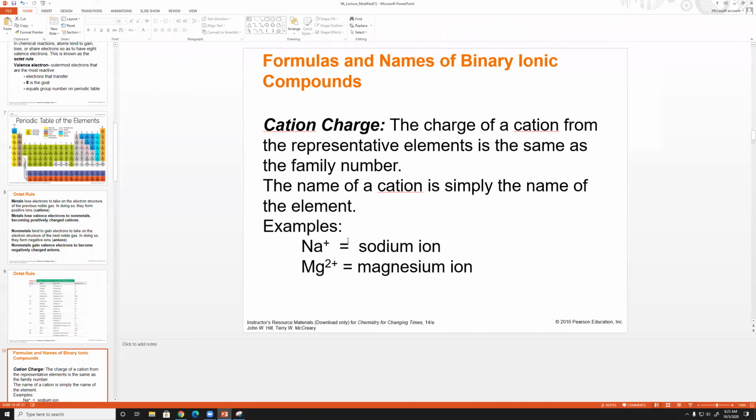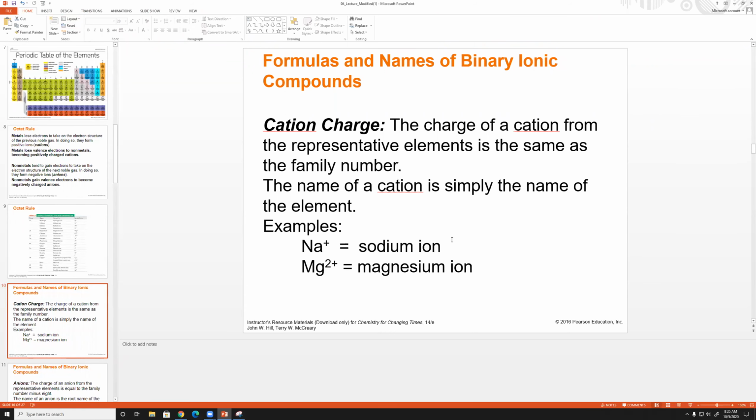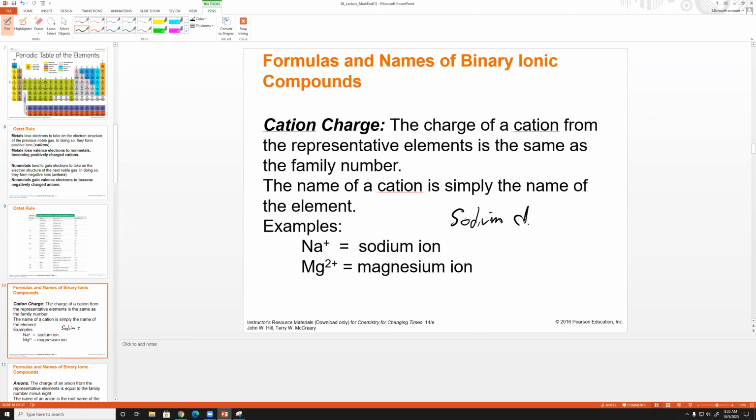So let's look at sodium chloride. Okay, so why is it called sodium chloride? And we know it's NaCl.